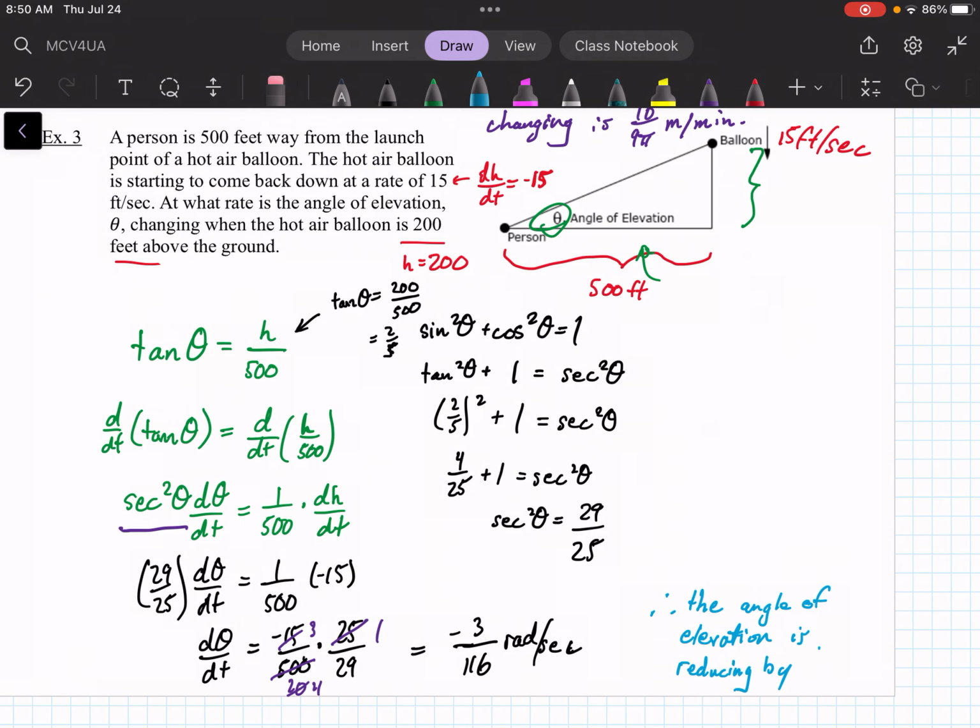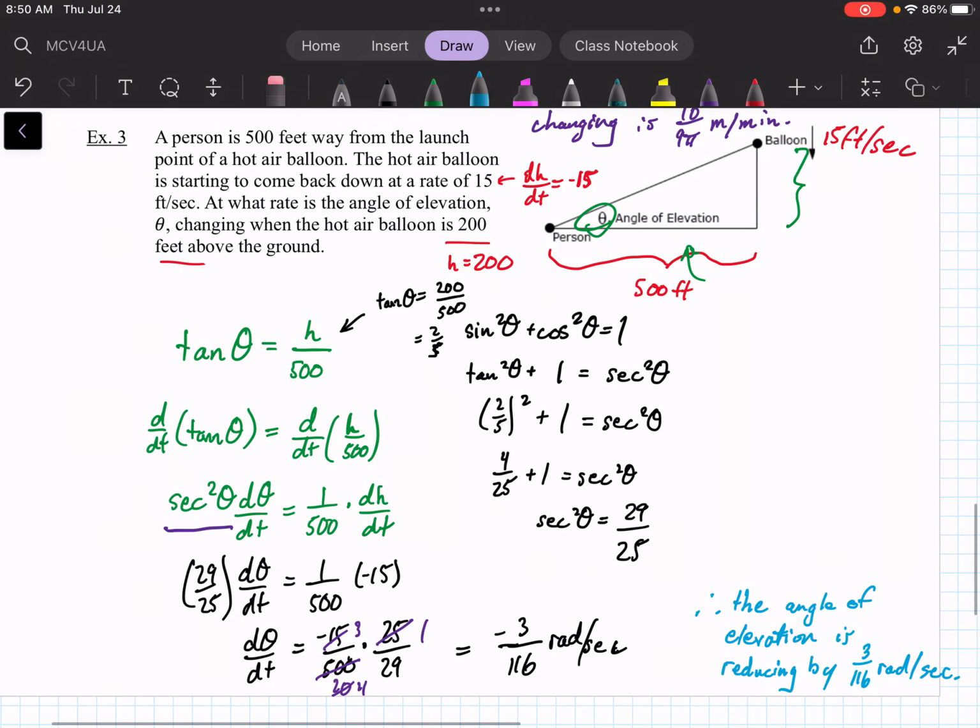So reducing by 3 over 116 radians per second. And there we go. That's how we do that problem. And thus concludes this lesson.